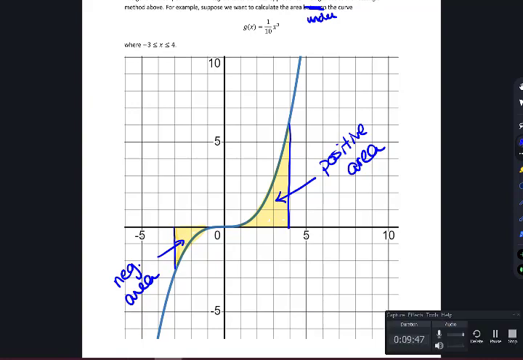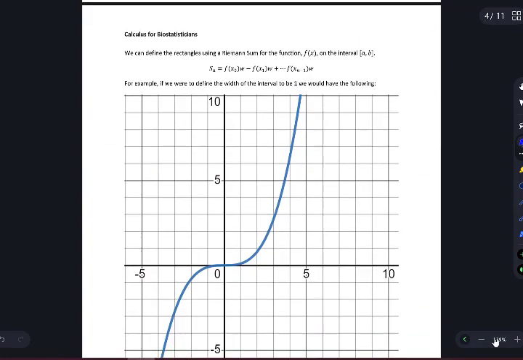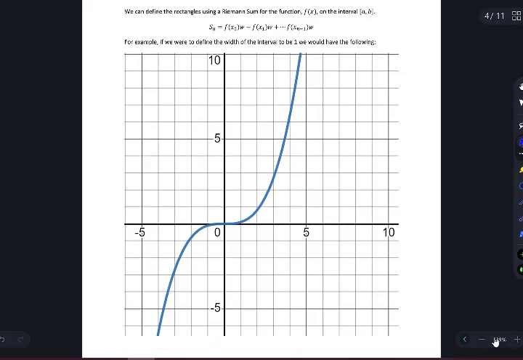All right, so what we're going to do is define rectangles using what are called Riemann sums for the function. Your book gives some more detail on this, so do make sure that you read through that example as well, but I'm going to give the general idea here. When we're using a Riemann sum, we're going to set up rectangles that all have equal width.